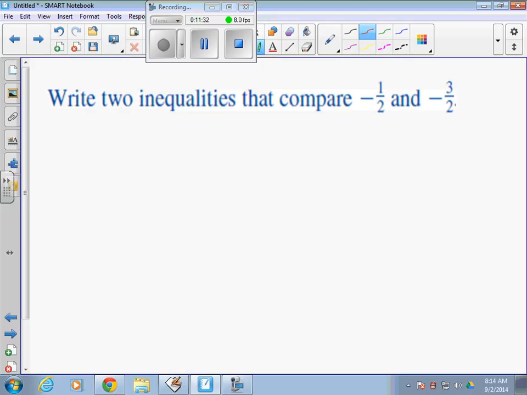If you have to graph it, it's okay, but there's no need to. So if we do it in the order it's written, negative 1/2 something negative 3/2.